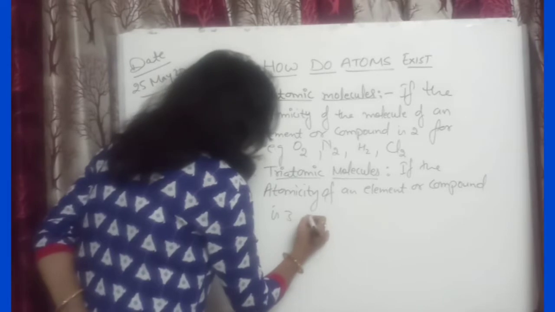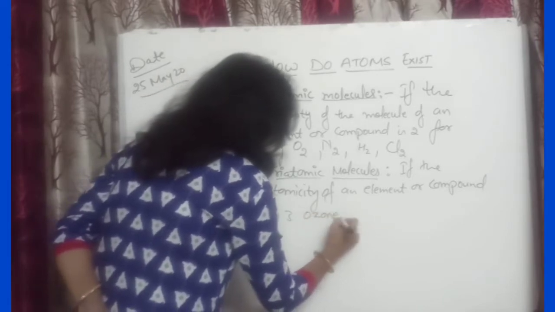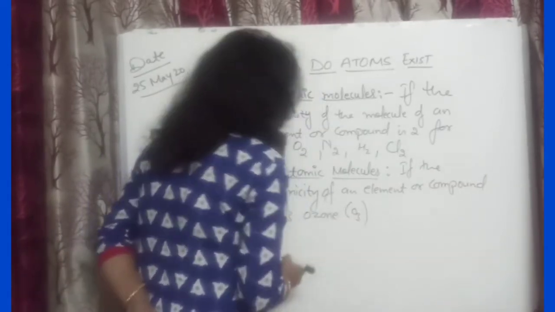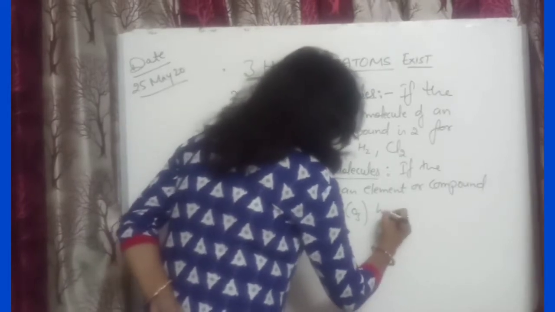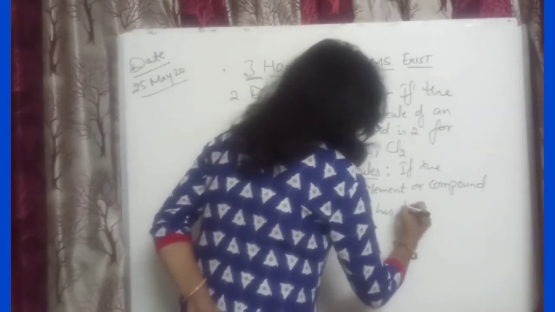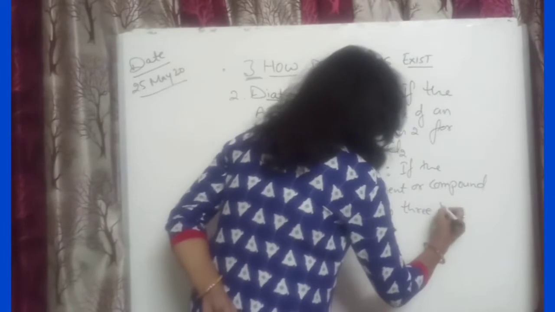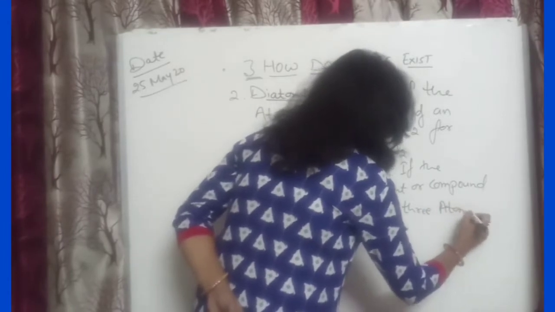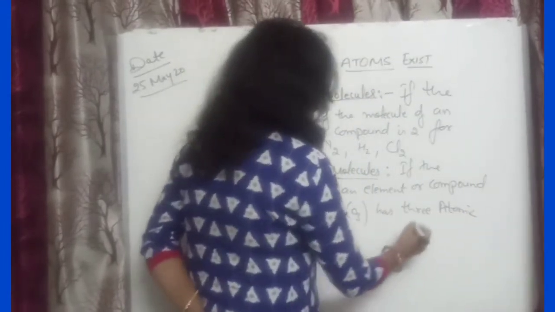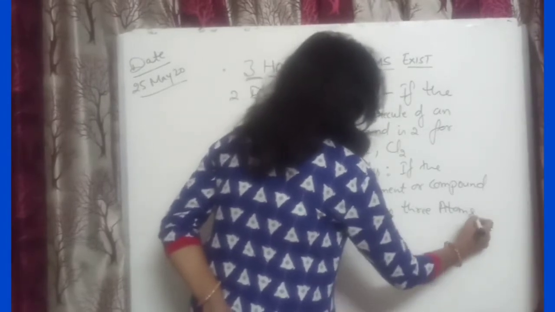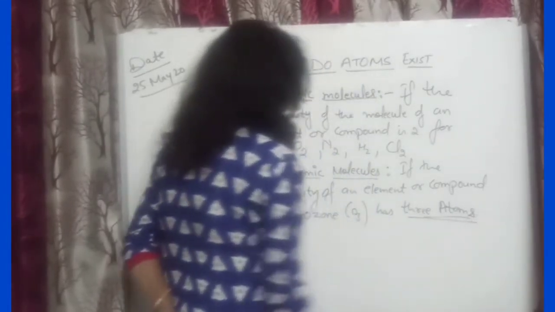For example, ozone, O3, has 3 atoms, so it is known as a triatomic molecule.